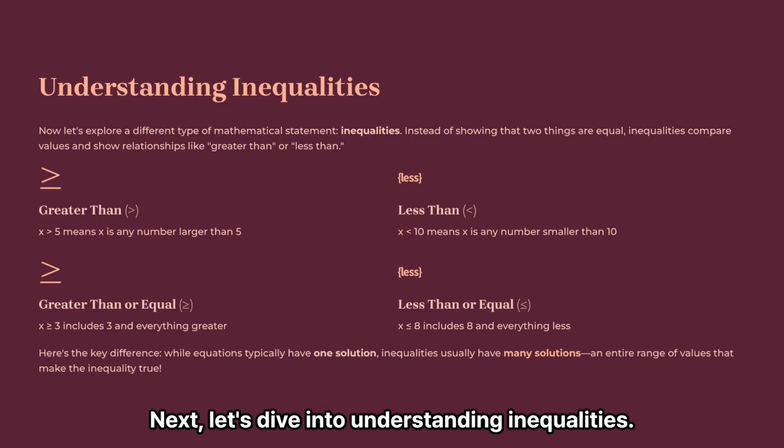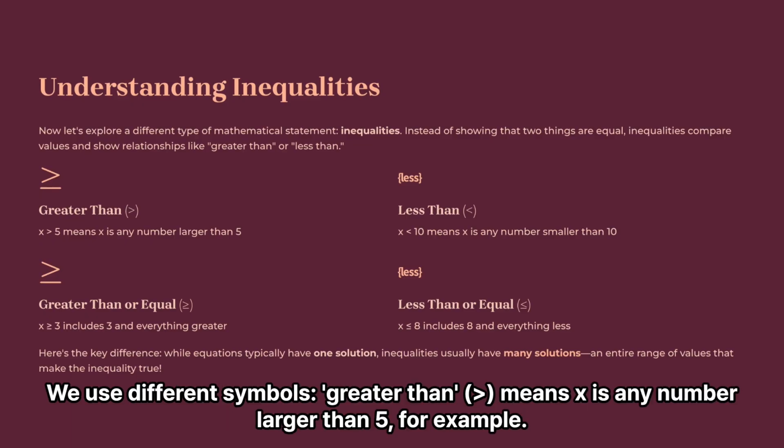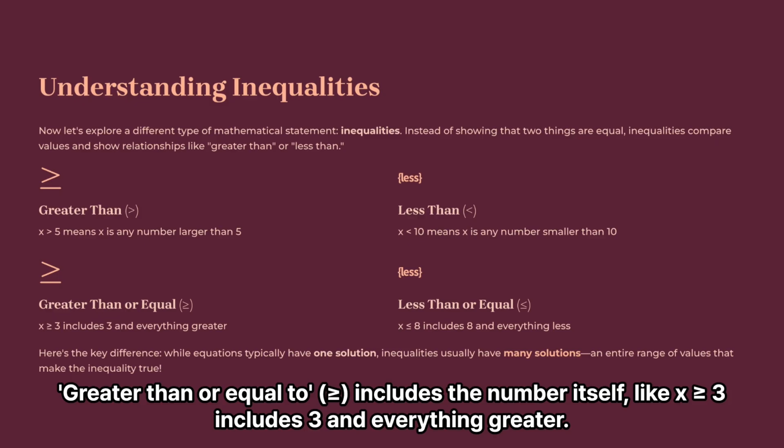Next, let's dive into understanding inequalities. These are similar to equations but show a range of possibilities instead of just one exact answer. We use different symbols. Greater than means x is any number larger than 5. For example, greater than or equal to includes the number itself, like x is greater than or equal to 3 includes 3 and everything greater.